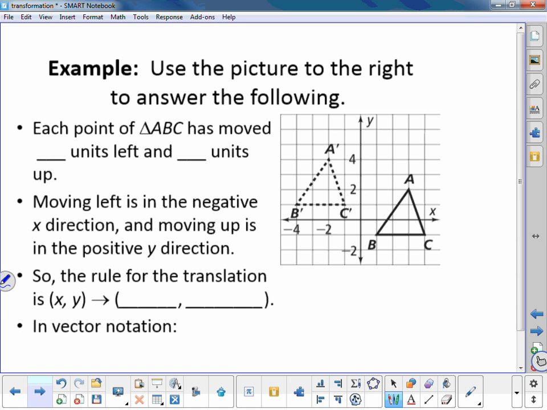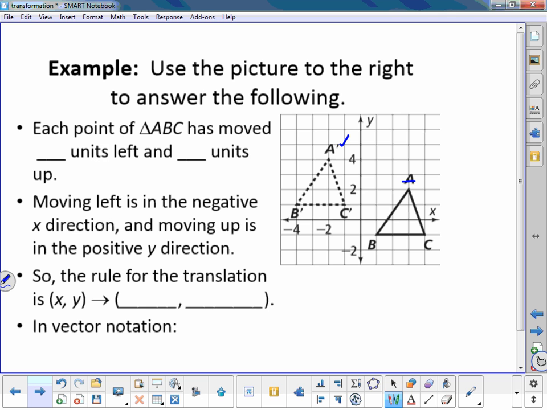So, let's look at this. Each of the following points in A, B, C, D were moved blank to the left and up how many? Well, I'm not going to do every point. I'm just going to take A. Remember, A is your pre-image.